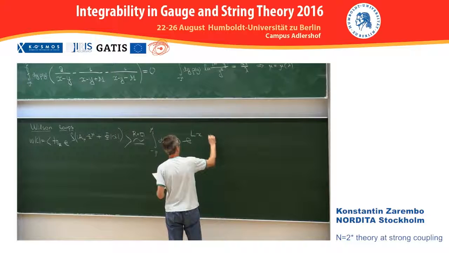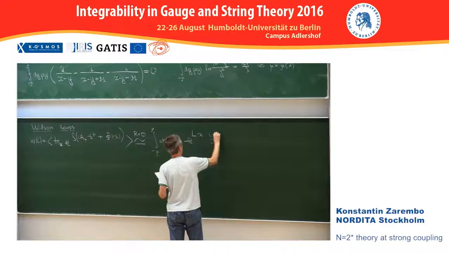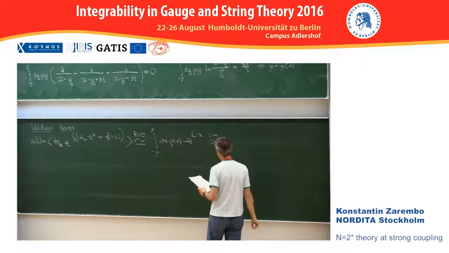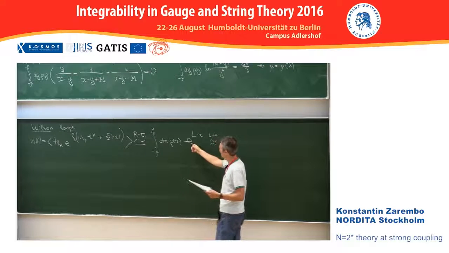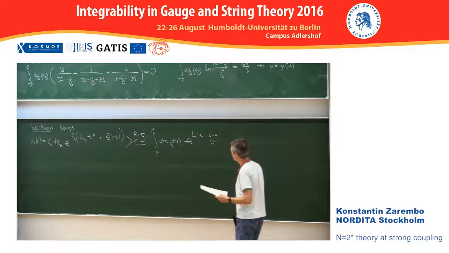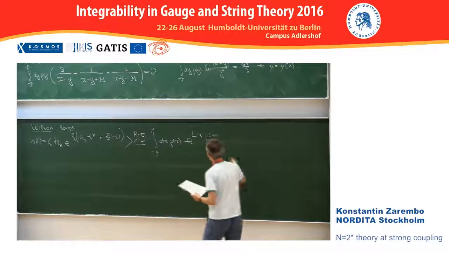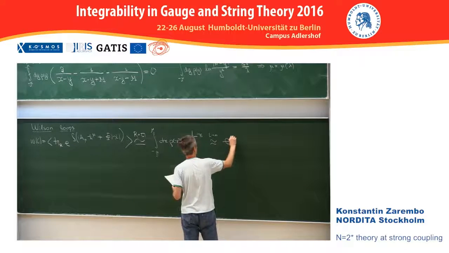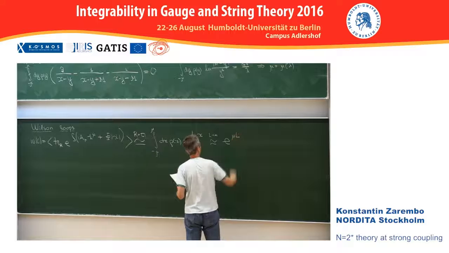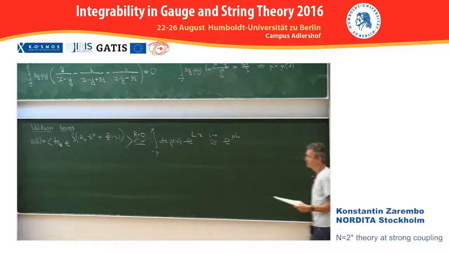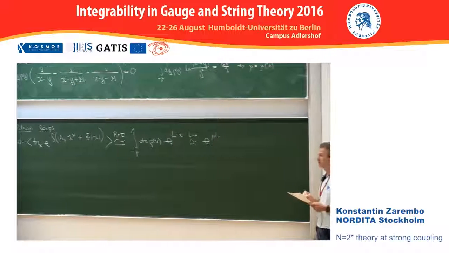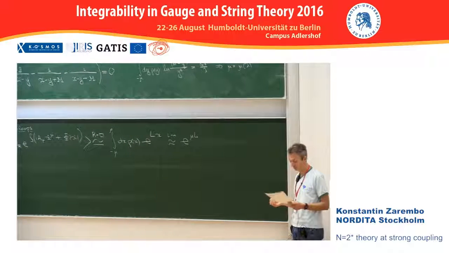And so if you take L to be very large, this integral will be peaked, the integrand is peaked at the endpoint. So the expectation value of the Wilson loop is given by the perimeter law with the coefficient that is the parameter mu that we can extract from the matrix model.